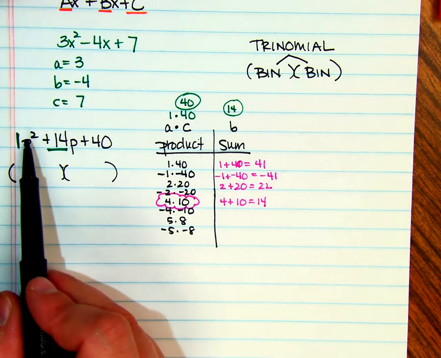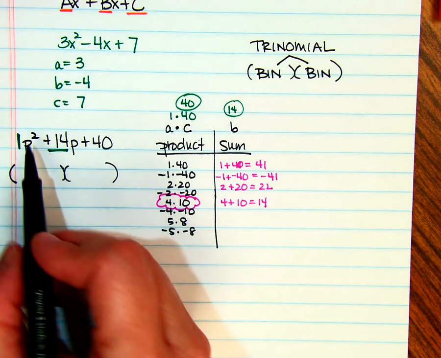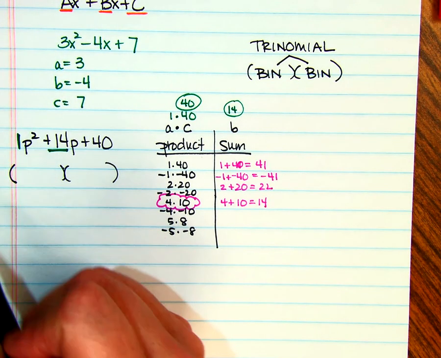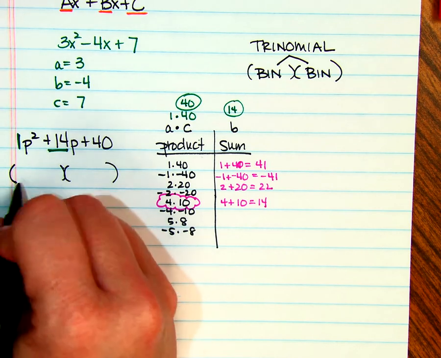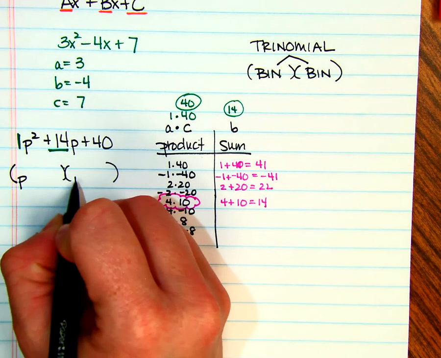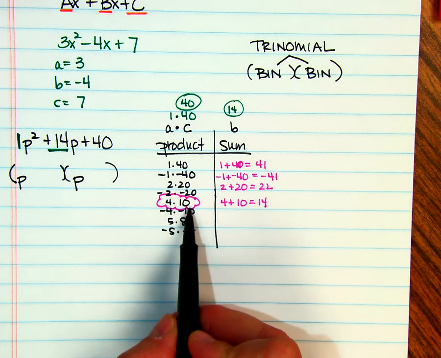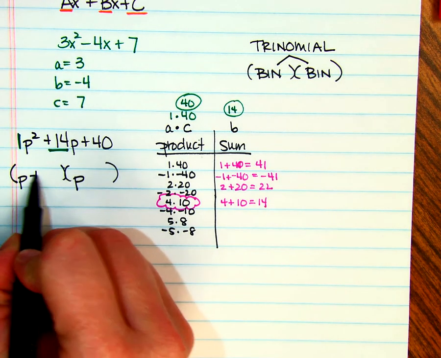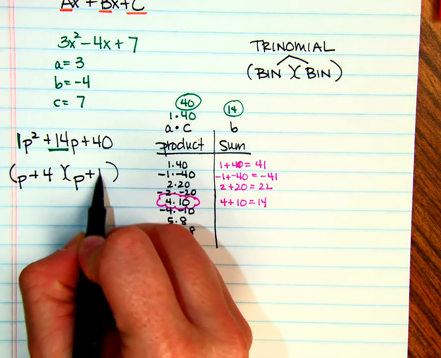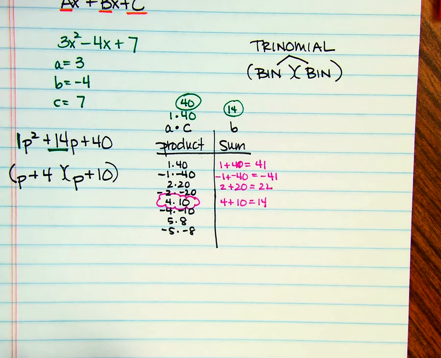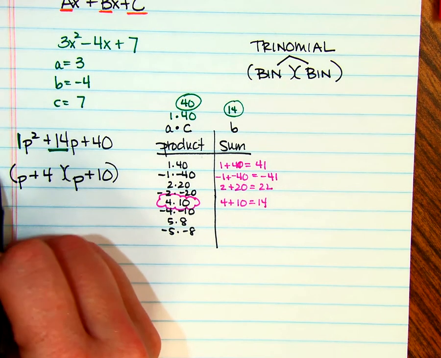When a is 1, you can create some shortcuts. What creates p squared? That is a p and a p. Now I'm going to take my two magic numbers of 4 and 10. It is a positive 4 and a positive 10. That's it.